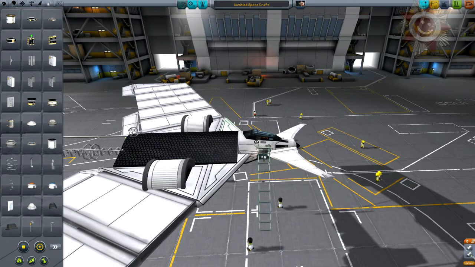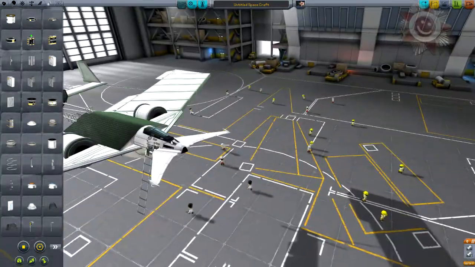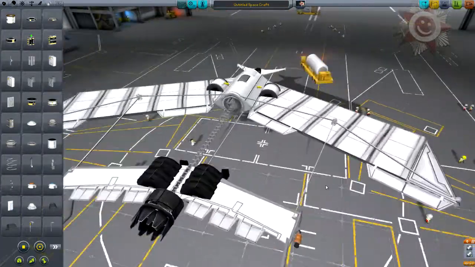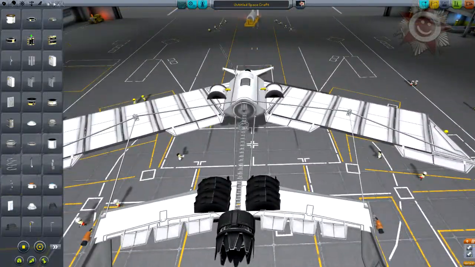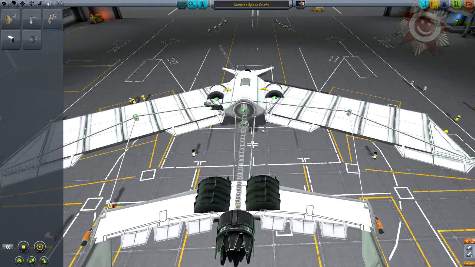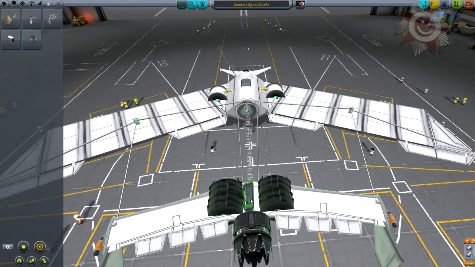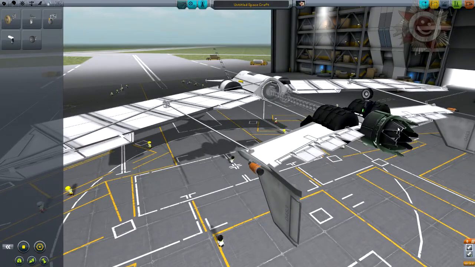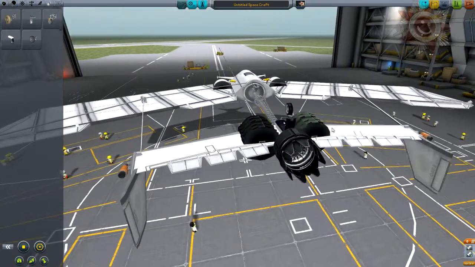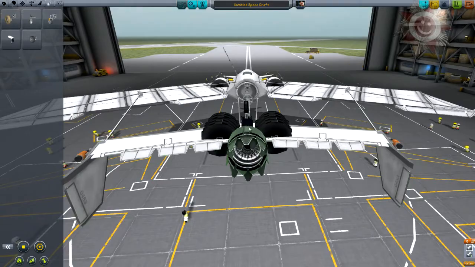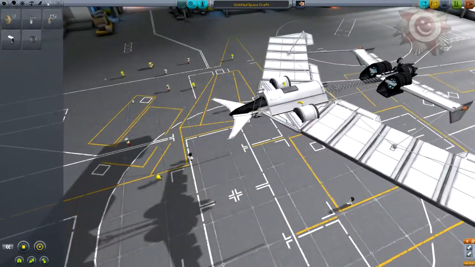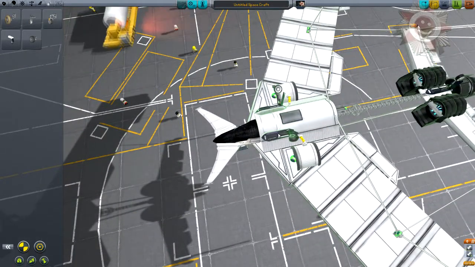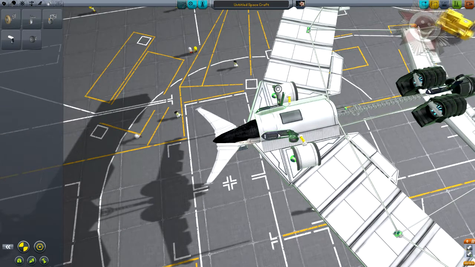And rotate it a bit. And now what I am going to do is make this so that we have one wheel at the back. It will protect the engine from hitting the ground when we lift off. It will work nicely, and then we use two landing gears in the front.